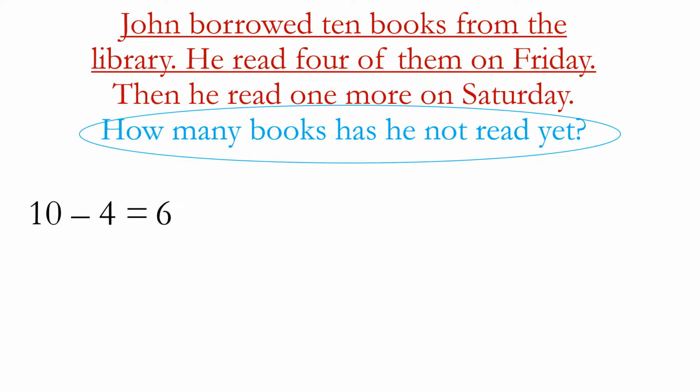Well, we're going to put that 6 there. And since he read one more book, we're going to do this because we want to know how many books he has not read yet. You can pause if you need to, but I'm going to give you the answer now.